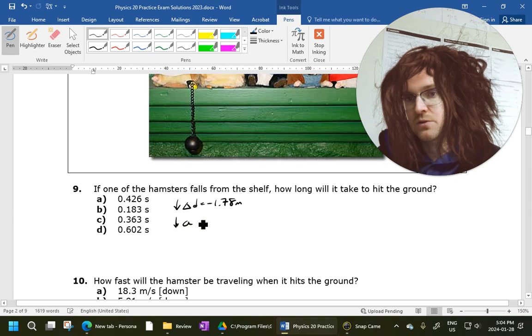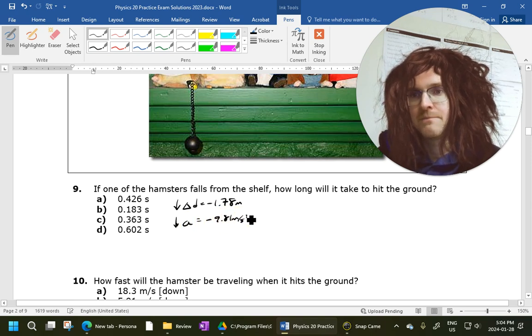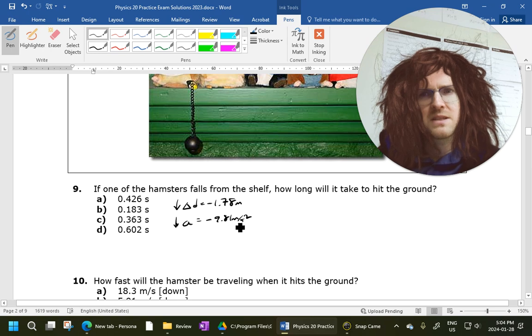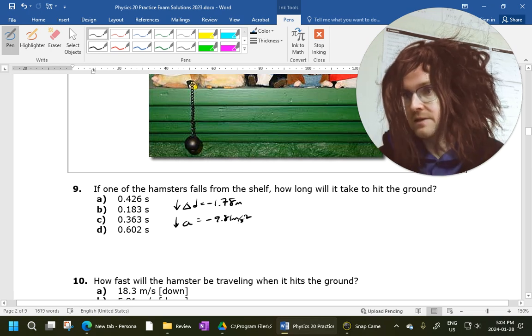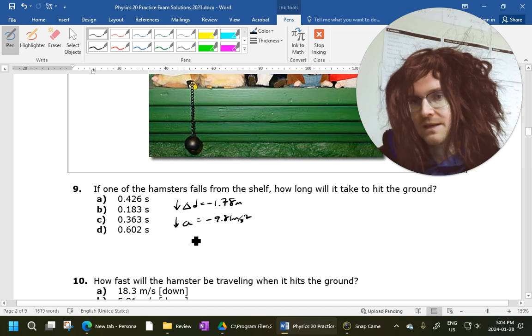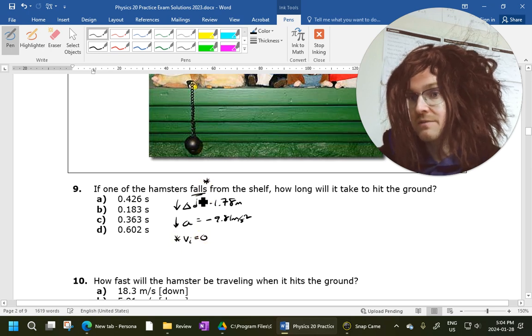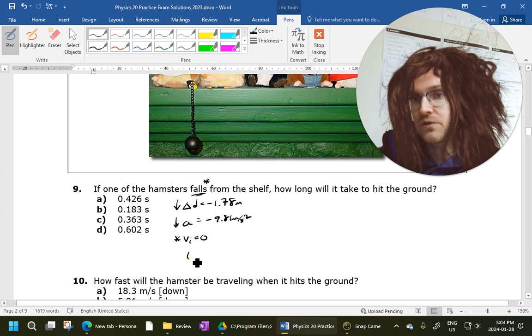Acceleration is also down at negative 9.81 meters per second squared. Since everything's moving down, I could just say these are both positive numbers and say down is positive. If you want to keep the negatives, you can. Because it falls, it doesn't get thrown off the shelf, my VI is going to be 0. It's not being thrown down. And we're just going to try to find time.